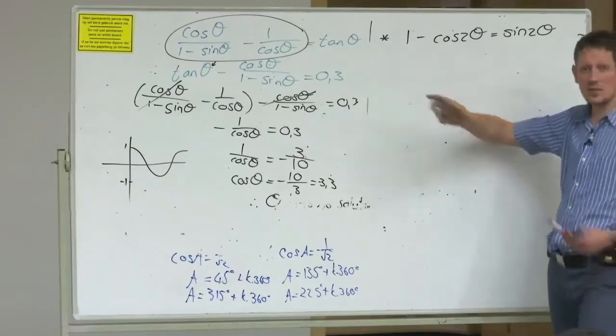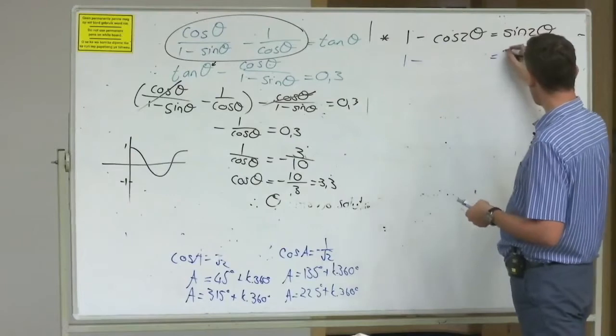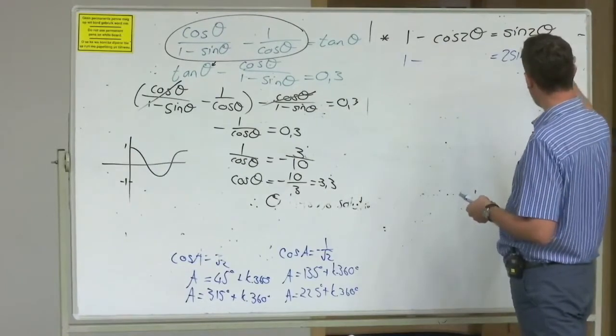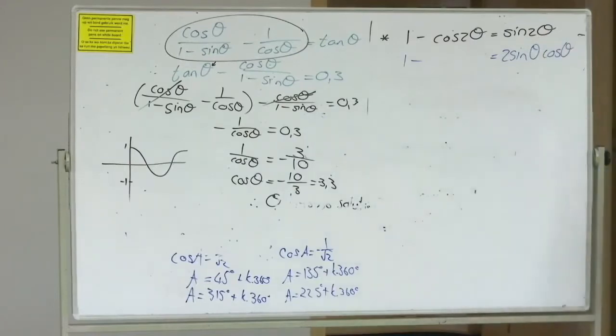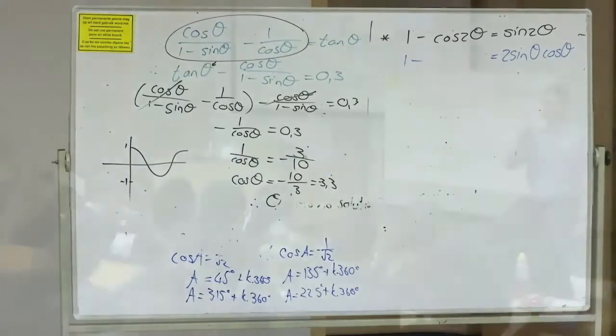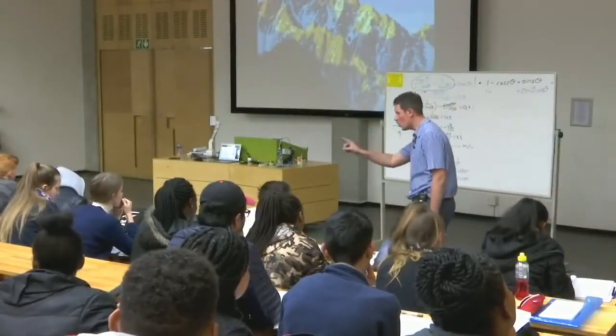So I'm going to leave the 1 as is, and I'm going to change the cos 2 theta that I know has to change. And now here comes the dirty little school trick. Ladies and gents, you only change the cos if you know where you are going.